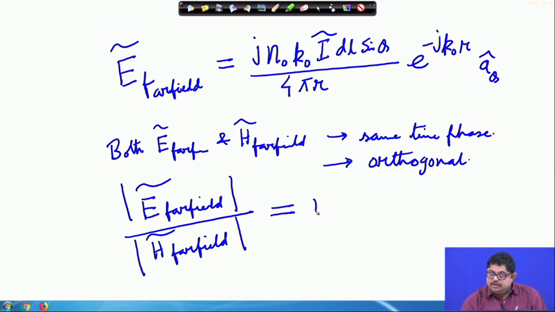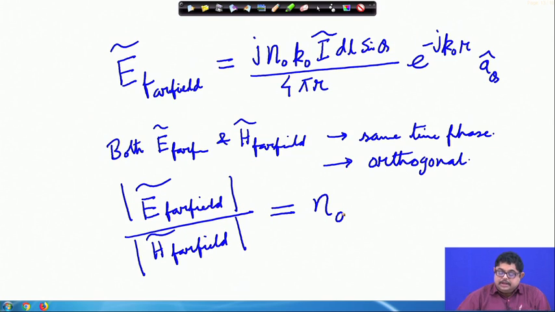That ratio you will see is eta naught, because E far field is the E theta component magnitude, H far field is the H phi component magnitude. That is equal to the intrinsic impedance of free space.